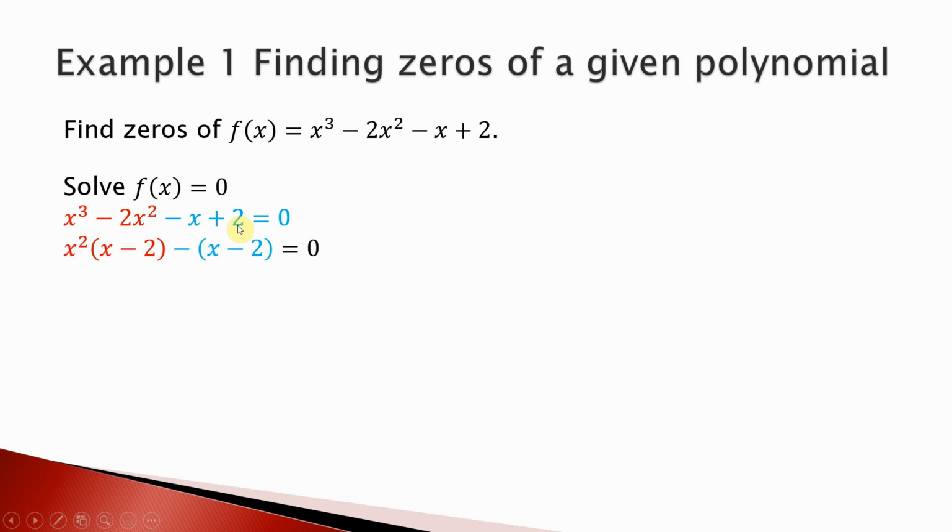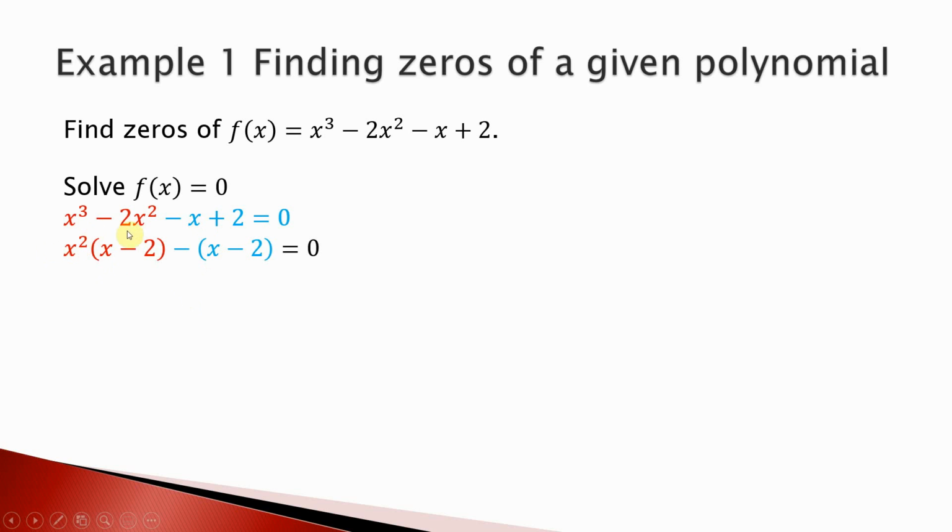And when you take out negative 1 from positive 2, you divide positive 2 by negative 1 and you get negative 2. Okay, so when you distribute it back, you must get the same thing back. Now you have two terms.